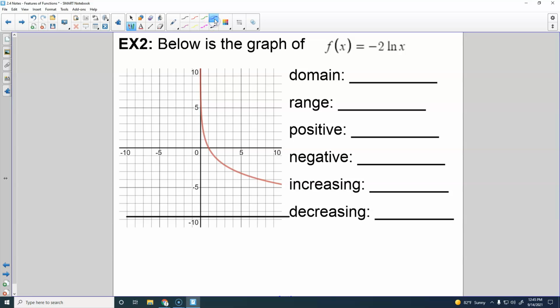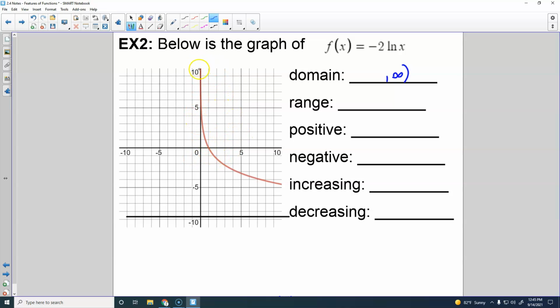Okay. Let's look at what we've got here. Raven, what would the domain be for this one? I agree with part of it. I agree with that positive infinity. So with a natural log, do we have a vertical asymptote for this one?